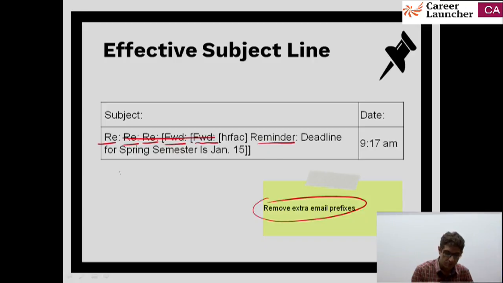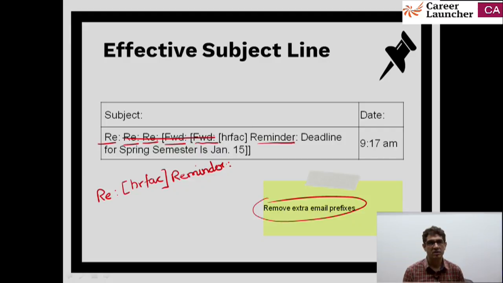So simply retain reply, reminder, and then the rest of the information.